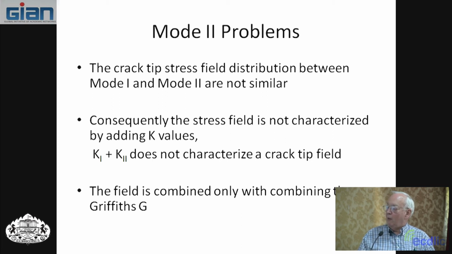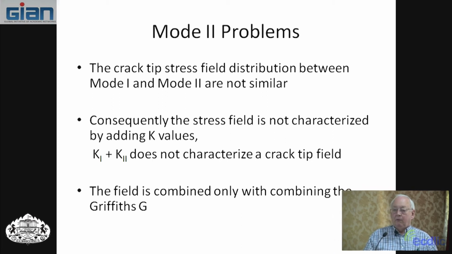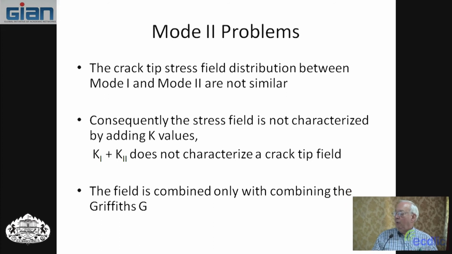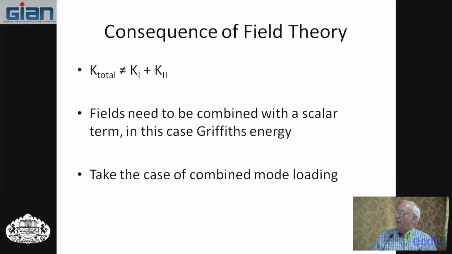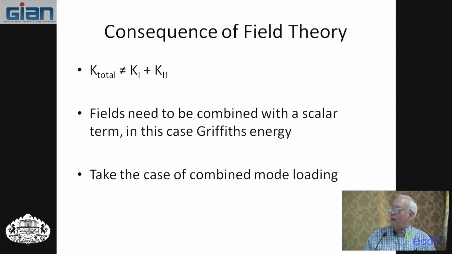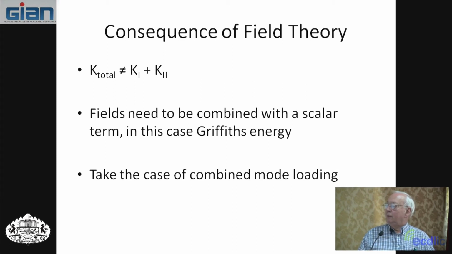You can't add K1 and K2 because you have different distributions. You don't get an aggregate K. The only way to do them is combined with the Griffith G. The reason being then, the total K due to mode 1 and mode 2 loading together is not valid. So the fields need to be combined with a scalar term.